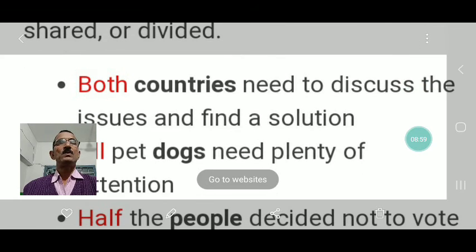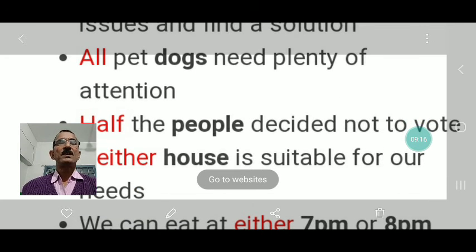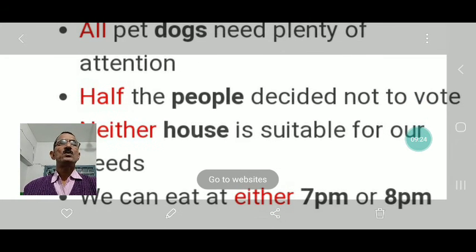For example, both countries, means two countries, need to discuss the issues and find a solution. Here both is the determiner. All pet dogs need plenty of attention. Pet dogs require attention. Half the people, partially half, decided not to vote.